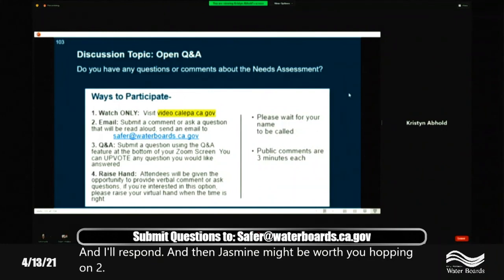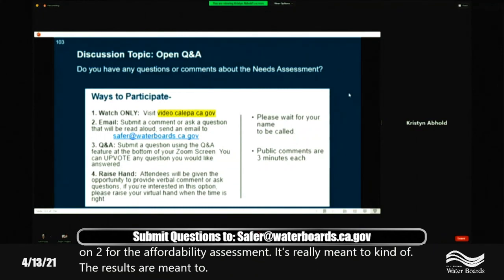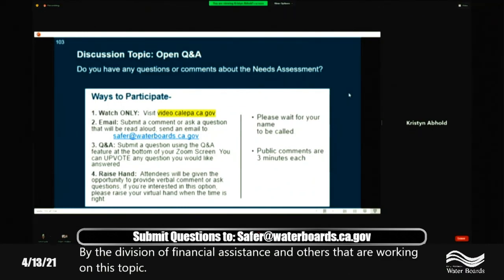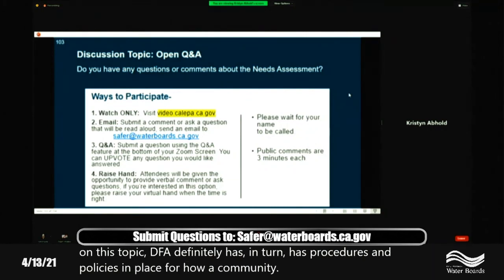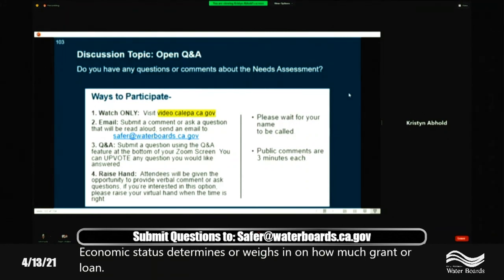The affordability assessment results are really meant to inform the Division of Financial Assistance and others that are working on this topic. DFA definitely has procedures and policies in place for how a community's economic status determines or weighs in on how much grant or loan eligibility they may receive.